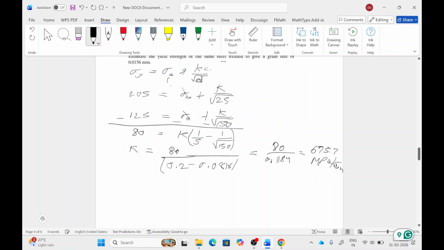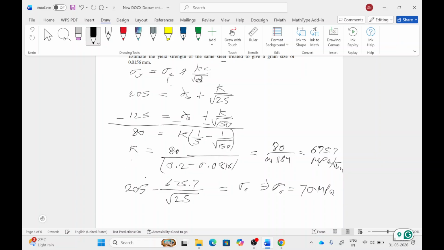So we got the value of K, and we can find sigma naught: 205 minus 675.7 divided by root of 25. So sigma naught will be 70 MPa.